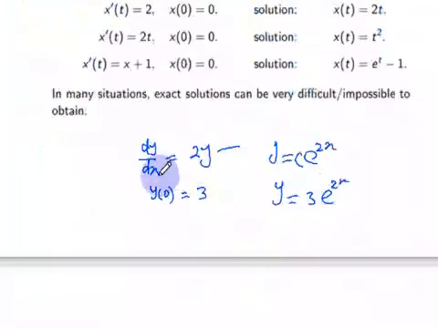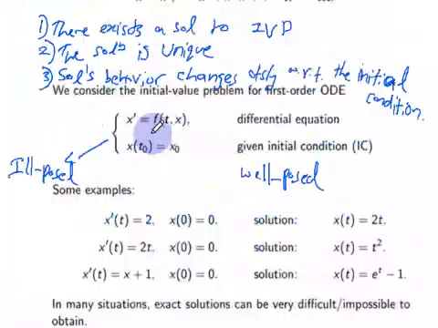In general, for an initial value problem, we can say there is a unique solution, or there are infinitely many solutions, or there are no solutions.